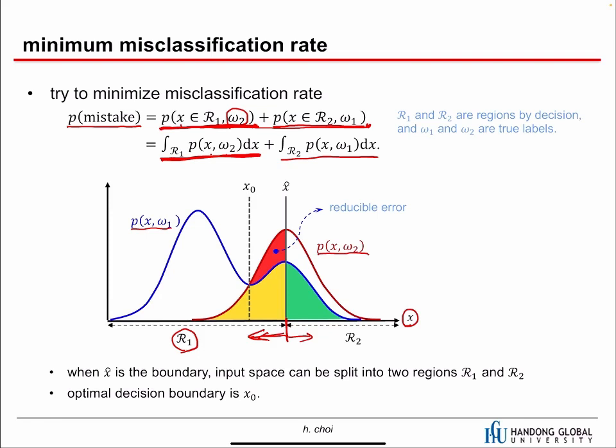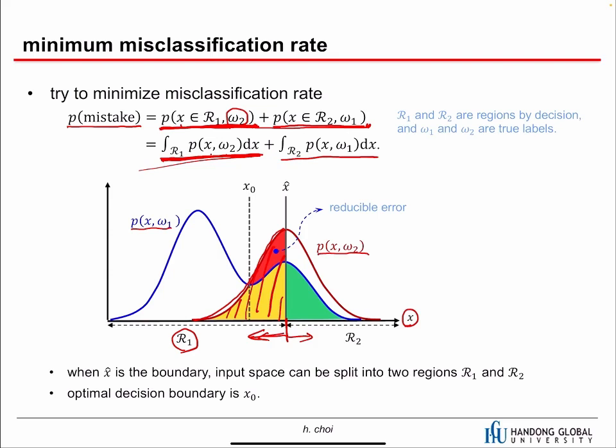But if the true class is 2, then it's a misclassification. So these ones are the integral of this one. This is the misclassification rate when the true label is 2.